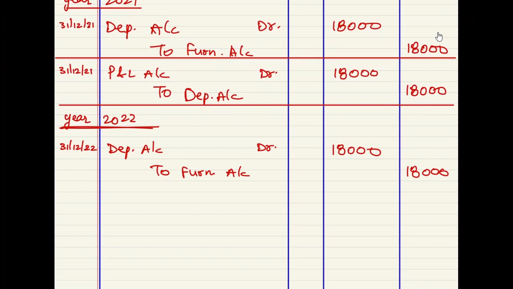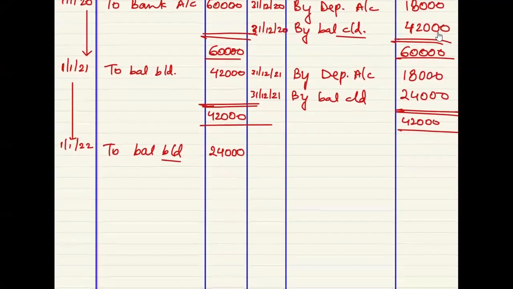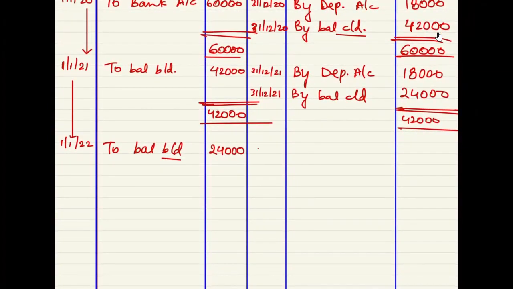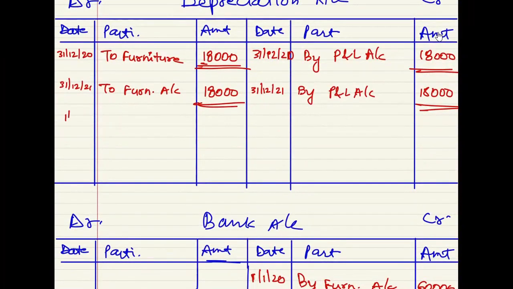But first, let us understand the impact of this entry which we have done right now. So depreciation account would be debited and the furniture account would be credited. So furniture account, it would be by depreciation account. How much is the depreciation? Sir, it is 18,000. And in the depreciation account also, on 31st of December 22 to furniture account, again 18,000.